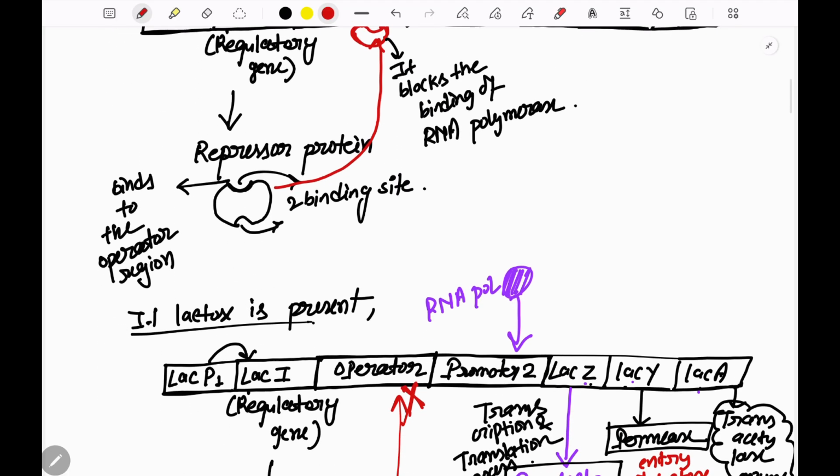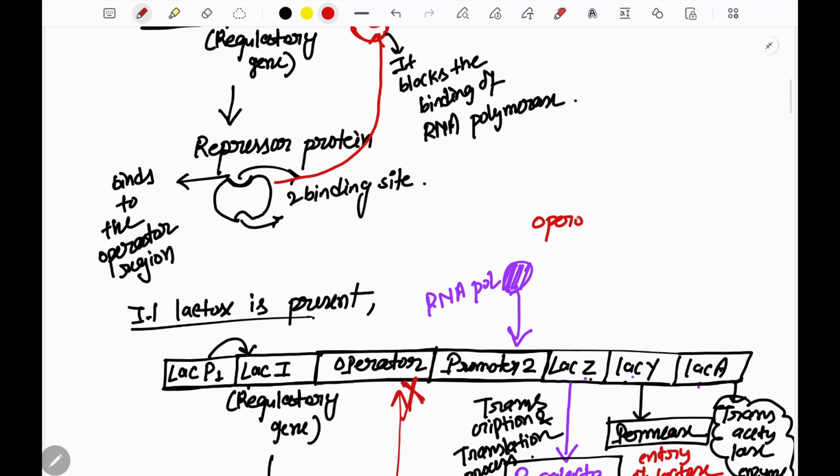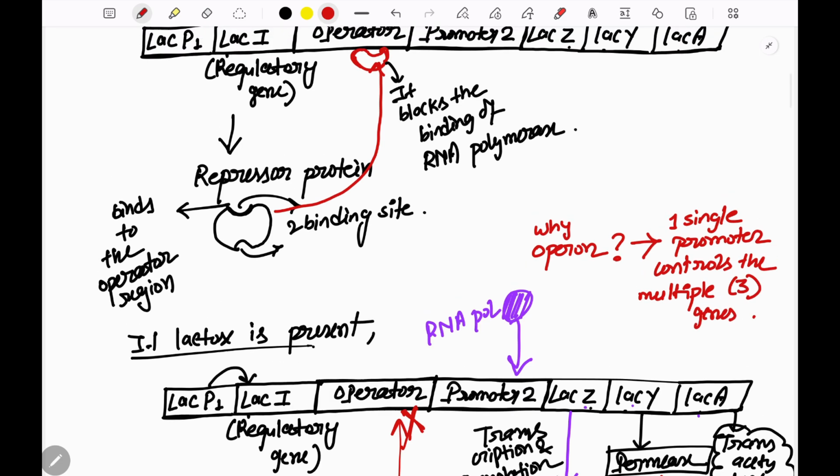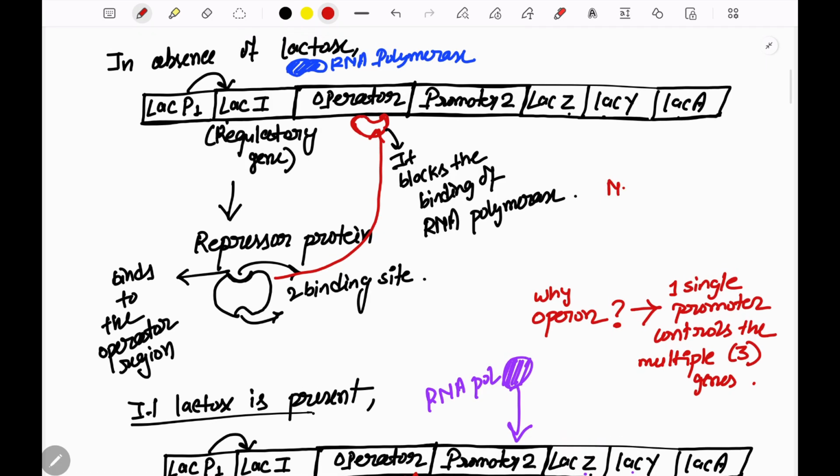First of all, the answer is one single promoter controls the multiple, here 3 genes.